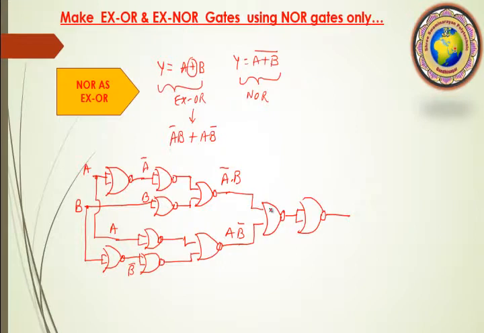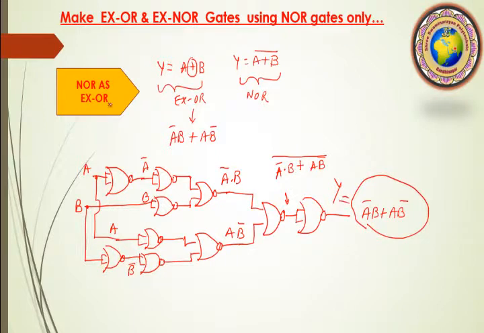So here the output is A bar dot B plus A B bar whole bar. Okay, and this is inverted, so A bar B plus A B bar. So all of this, using only NOR gates, gives this final output, which is equivalent to our XOR.